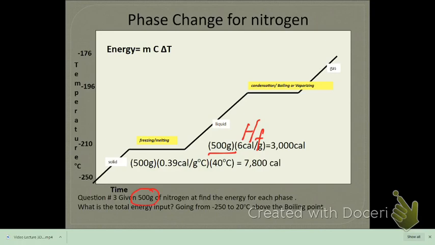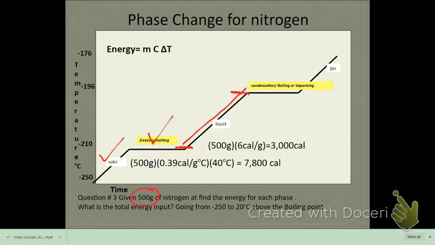All right, so now I've got my solid, I've got my freezing or melting point. Now I have to heat up my liquid. My liquid is going from a negative 210 to a negative 196. So use your calculator, see if you can calculate what that difference is going to be.